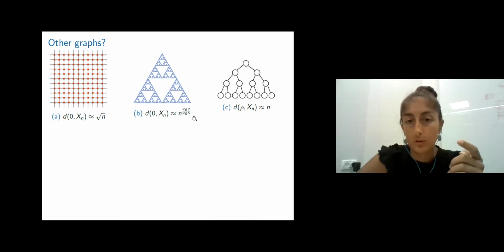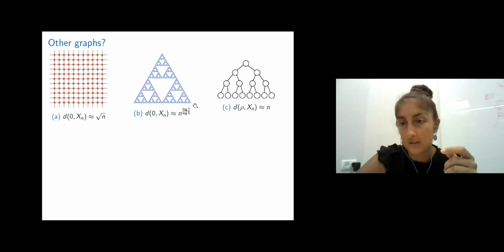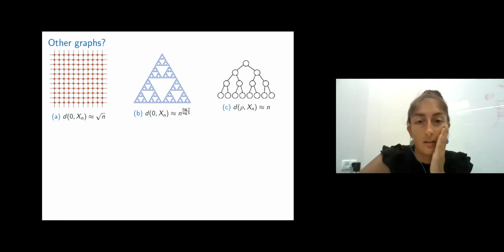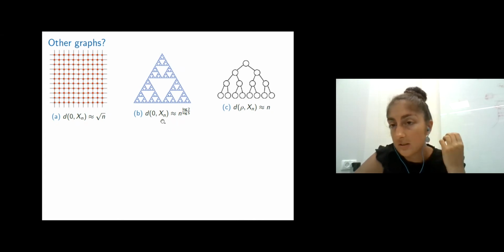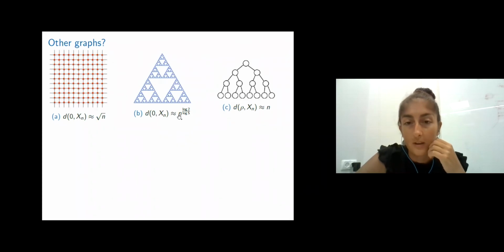You can define this on, say, a high-level approximation of the Sierpinski triangle. And if you draw it detailed enough, then the distance you would have traveled after time n on the Sierpinski triangle is actually less than square root n. It's n to this power here. This has now been proved.